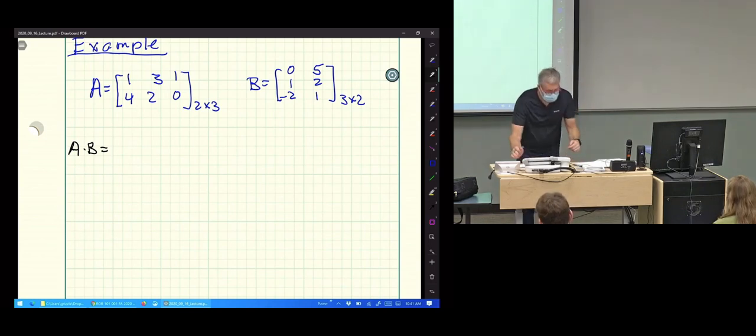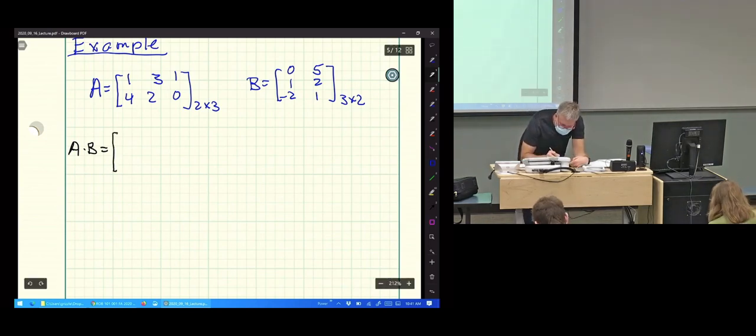So how are we going to do this? We're going to take the first column of A, which is 1, 4, and multiply it times the first row of B, which is 0, 5.